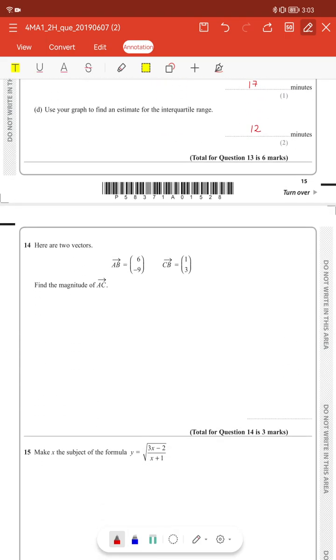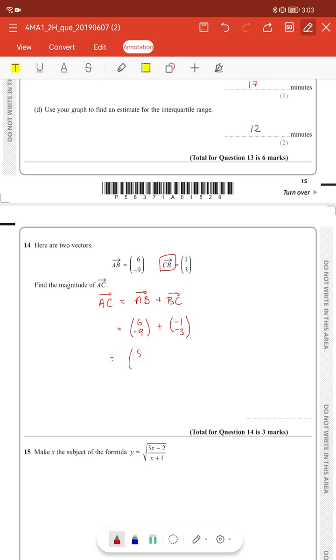Find the magnitude of AC. So for AC, what we're going to do is we're going to find AC is going to equal AB plus BC, which would be 6 minus 9 plus minus 1 minus 3, because that would be reversed, because remember that's CB.